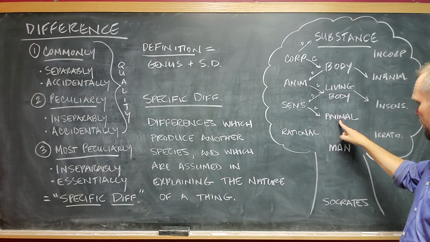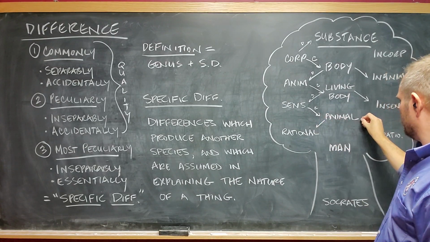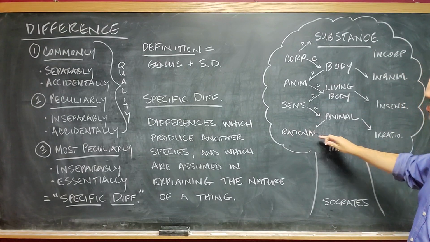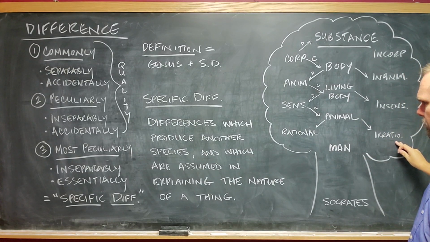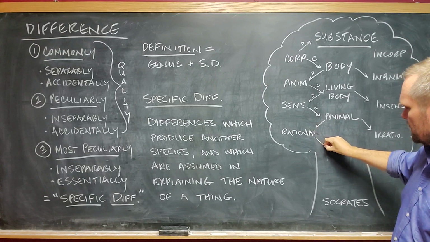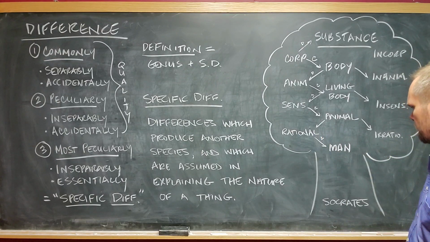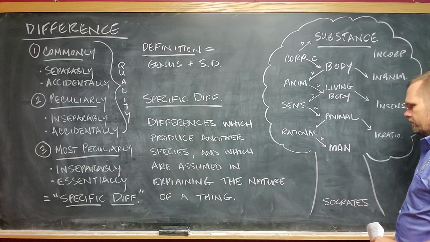Lastly, I can divide animal with the specific difference rational and irrational. And rational, as a specific difference, constitutes the species man.